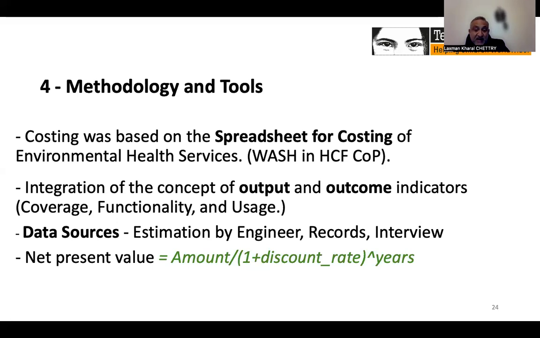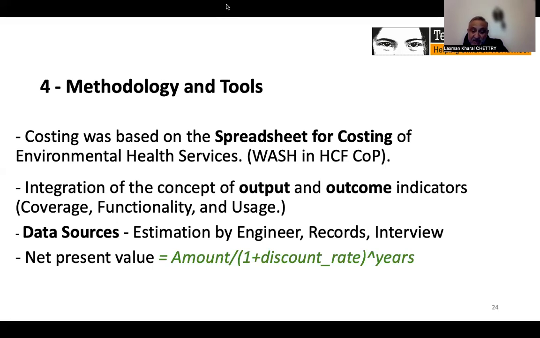Regarding data collection, we estimated the infrastructure costs for components lacking available cost data. Our engineer, who was experienced in constructing such infrastructures, conducted these estimations. For other information that had not been recorded previously, such as breakdown frequency and repair cost, we conducted interviews with relevant staff members of the healthcare facilities.